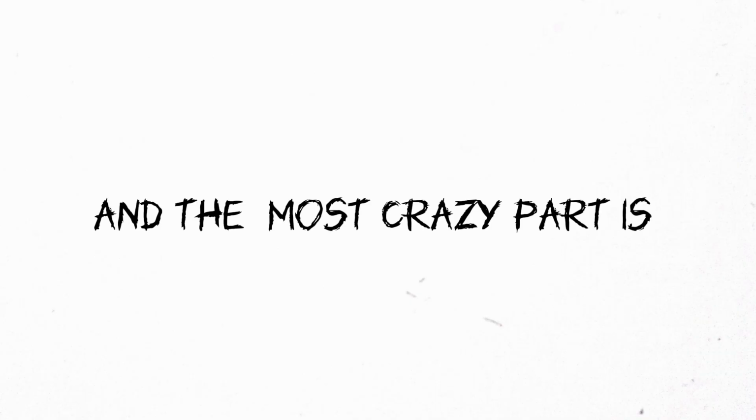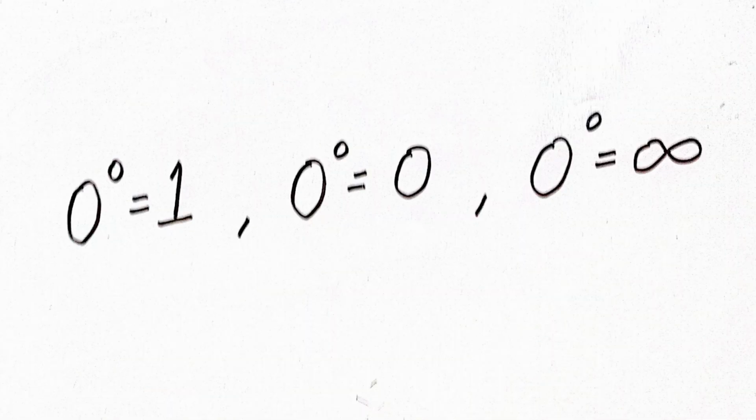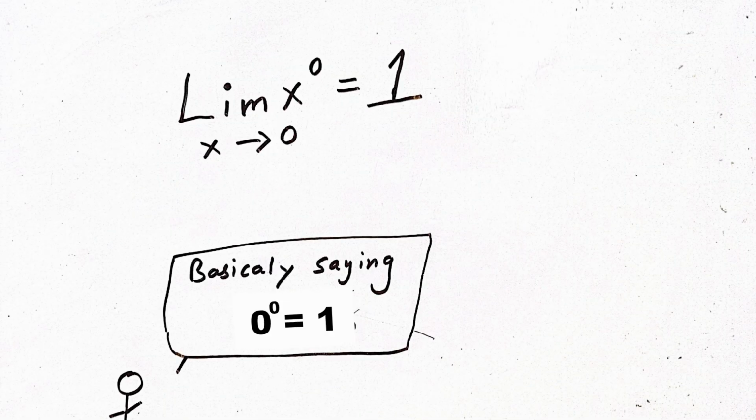The most crazy part is, when you try to solve it from a different direction, the answer of the limit becomes infinity. Now we have three different answers which are equally valid. And it gets even crazier when you try to solve the same thing using a different function. The answer then becomes 1.